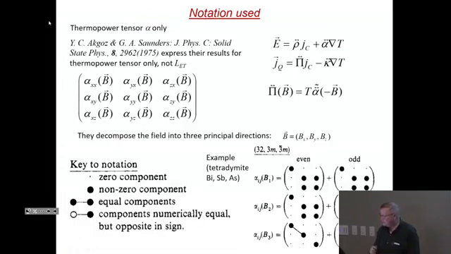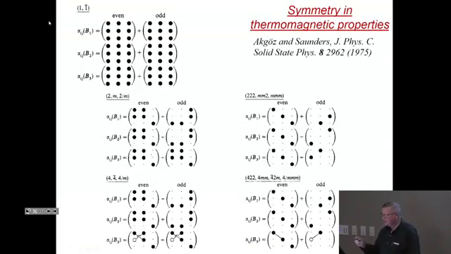And then you have the notation used, which I went through, alpha XX of B. B is B1, B2, B3. XX is then 1,1, 2,2, or 3,3. And we go through these elements like I explained in the introduction. And then you have to do the same.